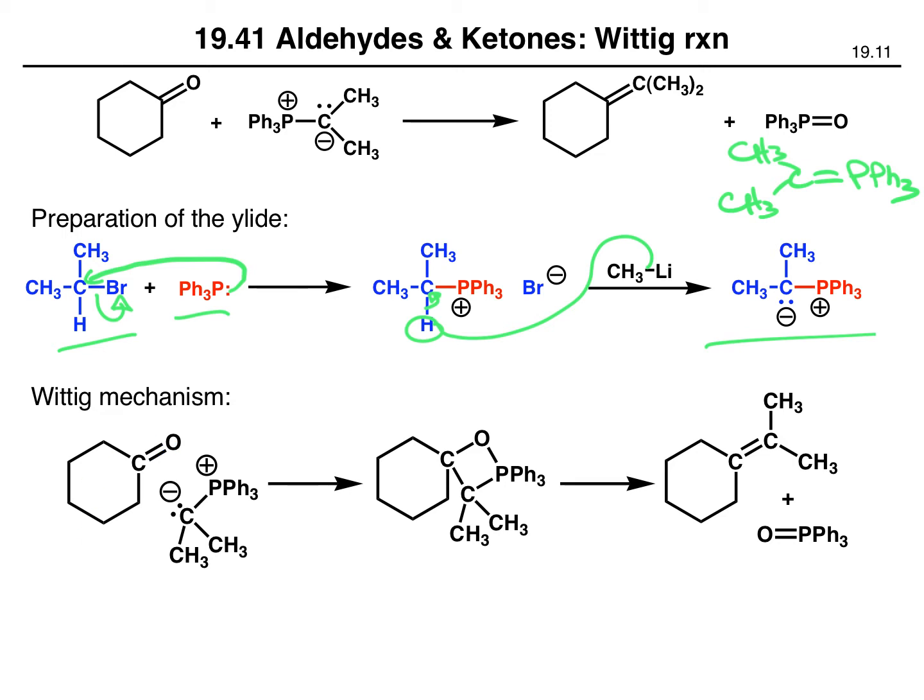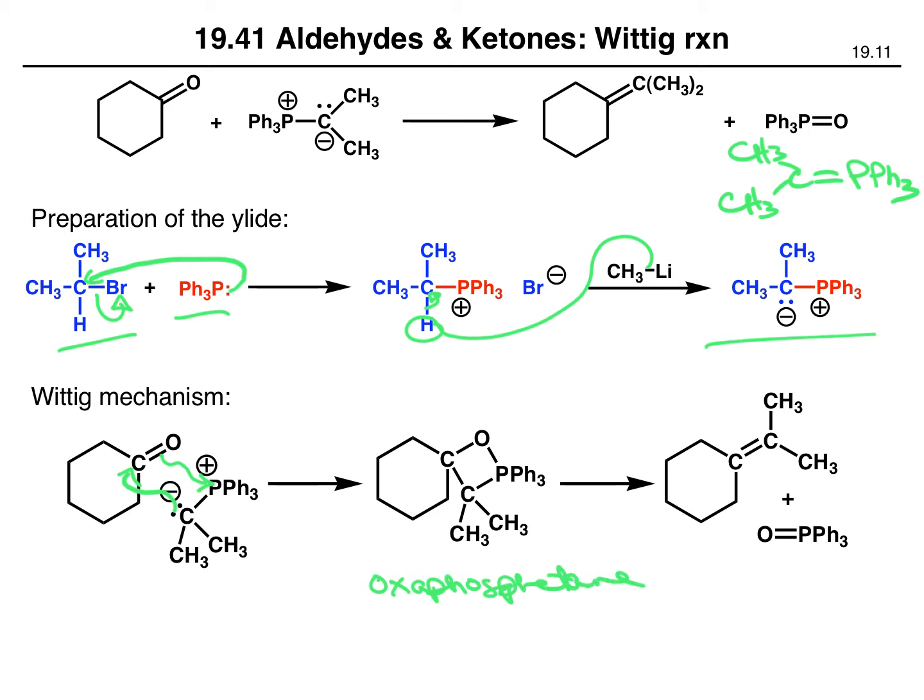Basically this is going to line up so that the electron-rich carbon of the ylide is lined up with the electrophilic carbonyl carbon. And we can think of this carbon sharing electrons with the carbonyl carbon, opening up these electrons, which are then shared with the phosphorus. And so what's formed is this oxaphosphatane intermediate.